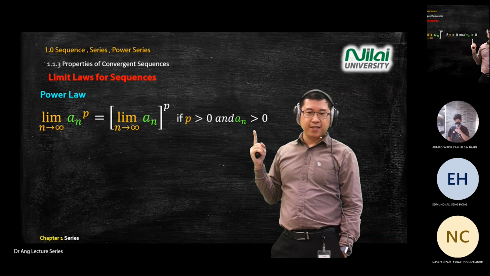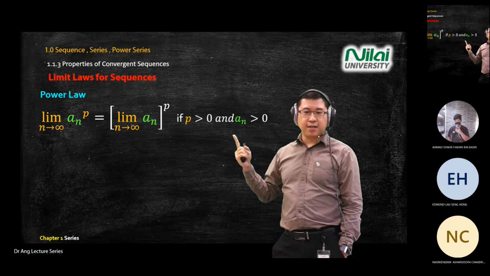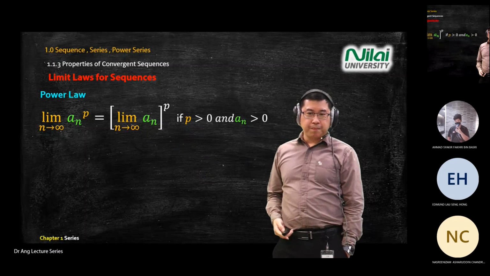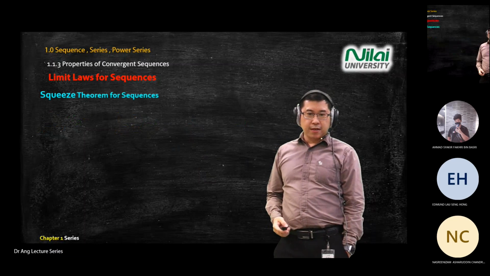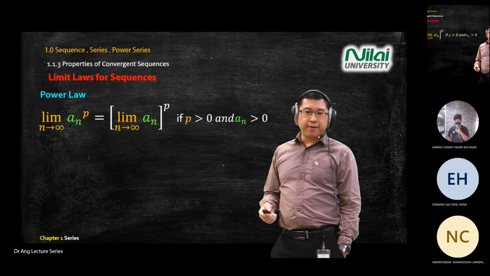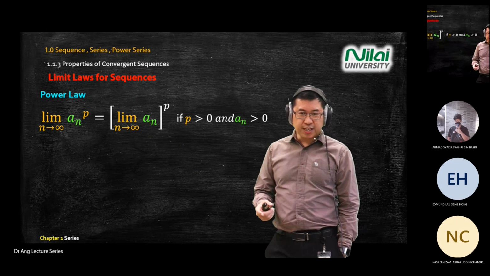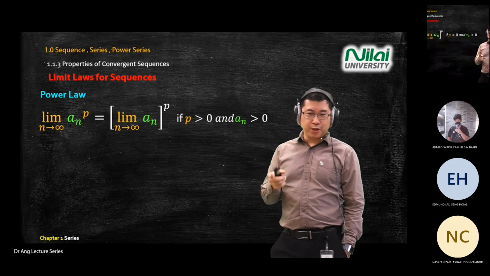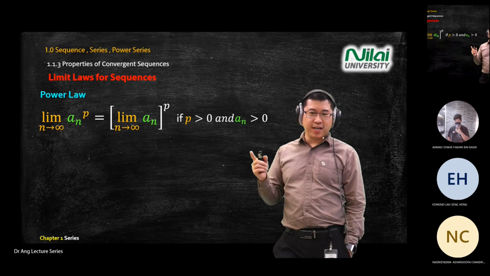So we don't want to get 0. So this is the limitation of the power law. Okay, clear? So we have covered addition, deduction, multiplication, power law, and division.